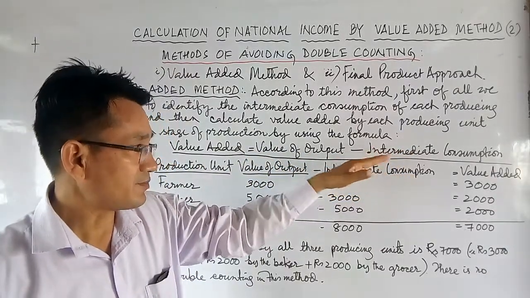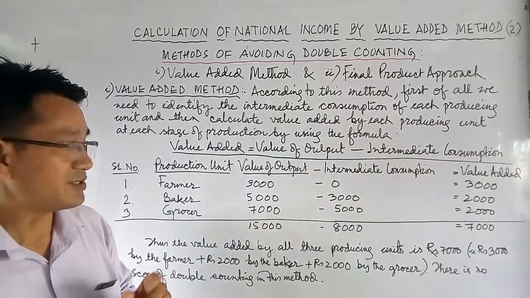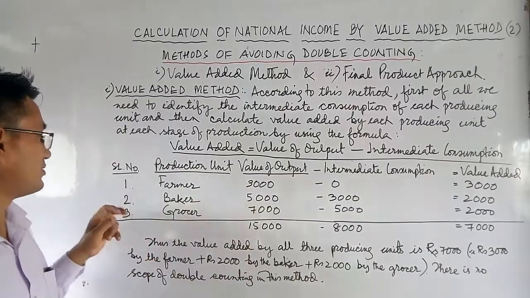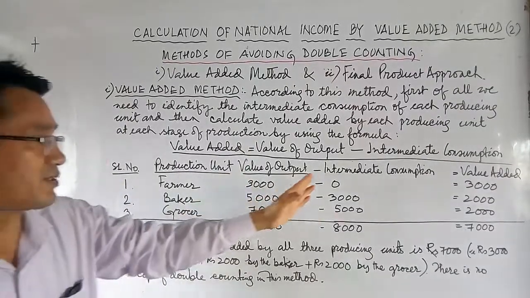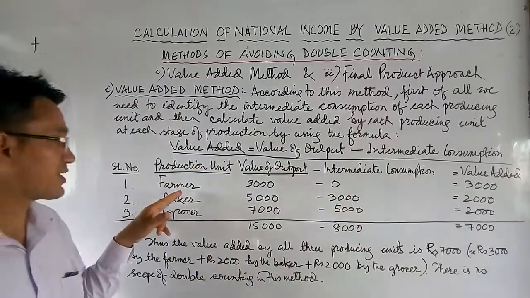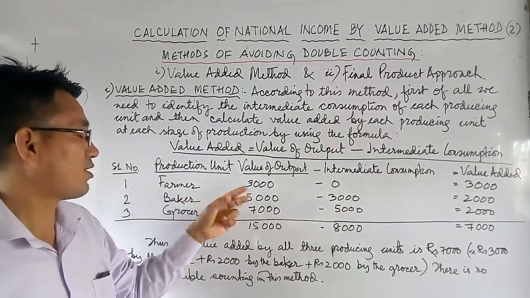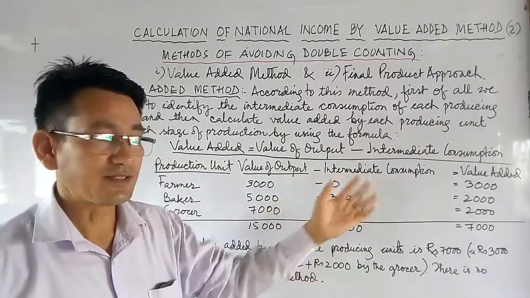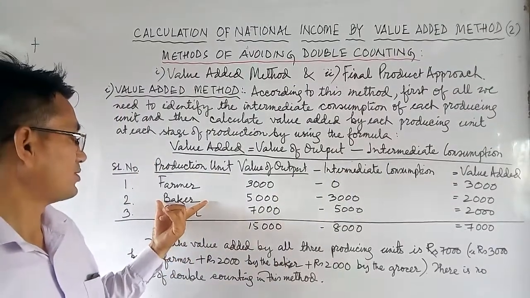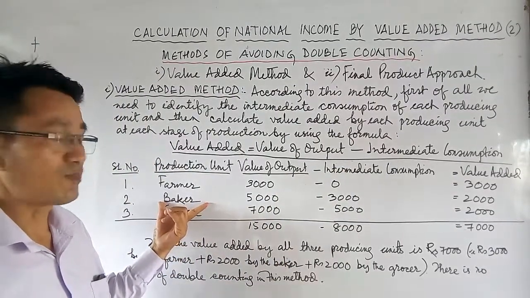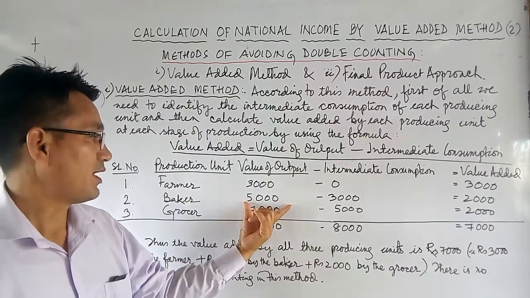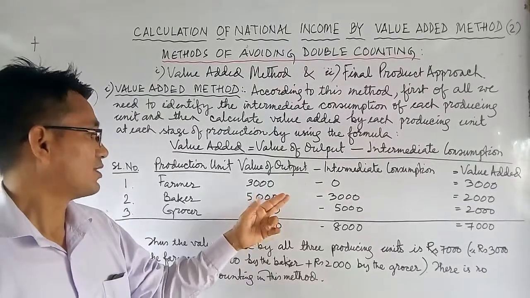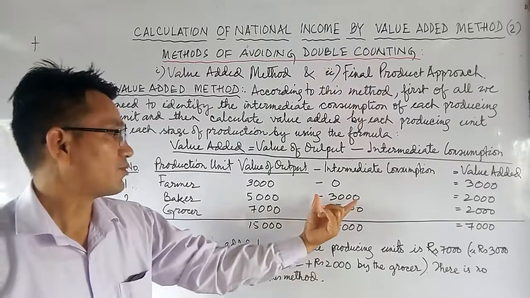In order to explain this formula, I'll take one example as we have done earlier. We have a table with serial number, production, value of output, intermediate consumption, and value added. At the farmer's hand, the farmer produces 3000 worth of wheat, with no intermediate consumption, let us suppose. Then the baker's output value is 5000, and in order to produce the bread he used wheat worth rupees 3000.